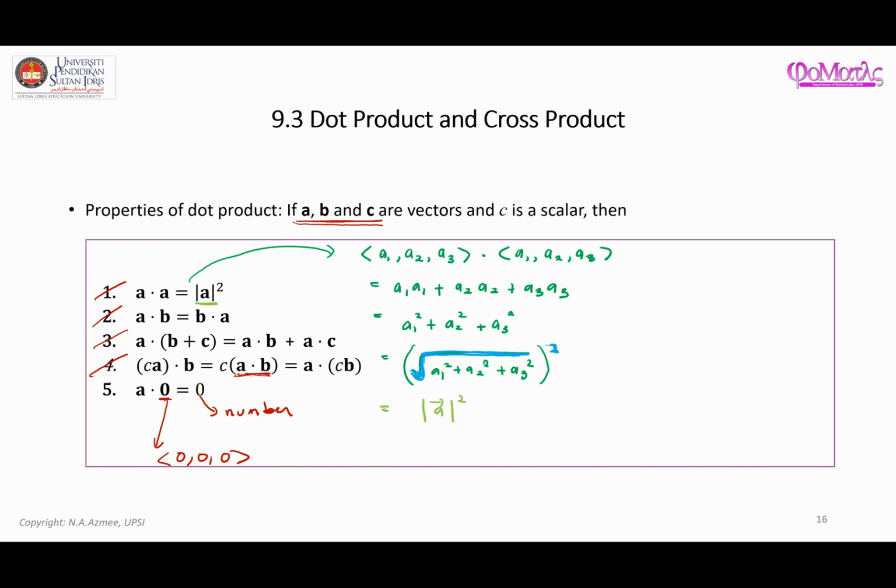So when you dot the zero vector with the vector (a1, a2, a3), the answer is 0, which is a number and not a vector. You can see this by multiplying: a1 times 0 plus a2 times 0 plus a3 times 0 gives 0 plus 0 plus 0, so you get one single number, which is 0.